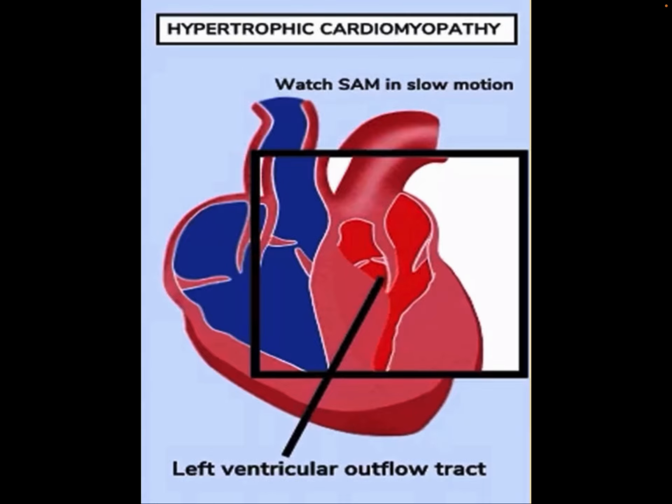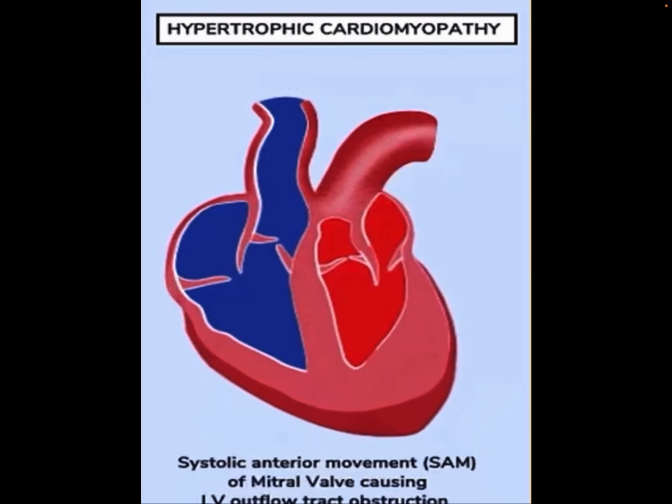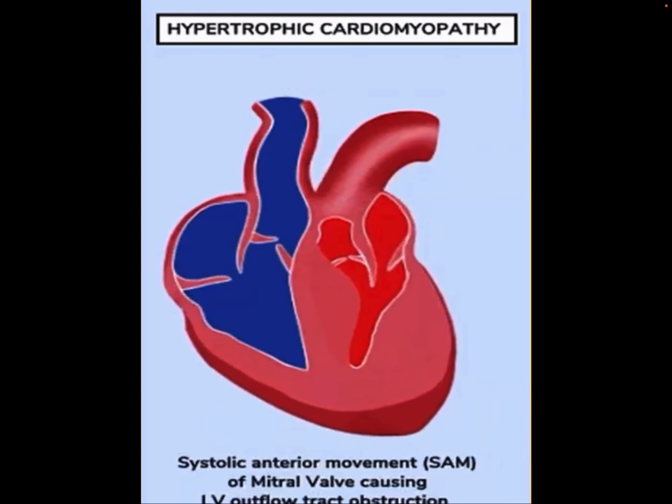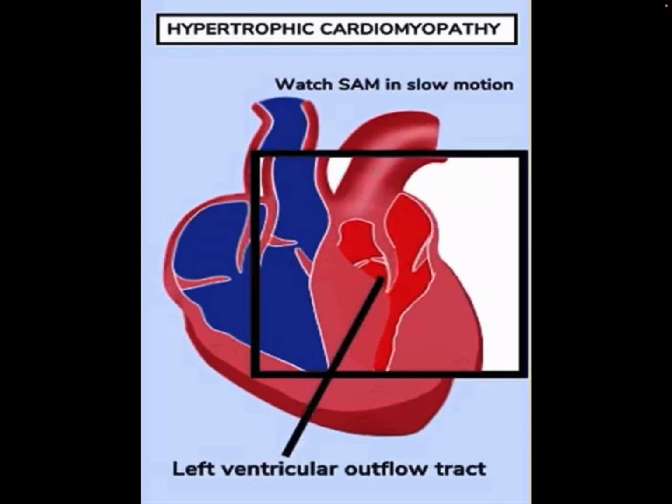Following a premature ventricular contraction, there will be a compensatory pause. During the compensatory pause, there will be more filling of the left ventricle. When the left ventricle is more filled, the myocardium stretches more, so according to the Frank-Starling law, it has to contract with more force.